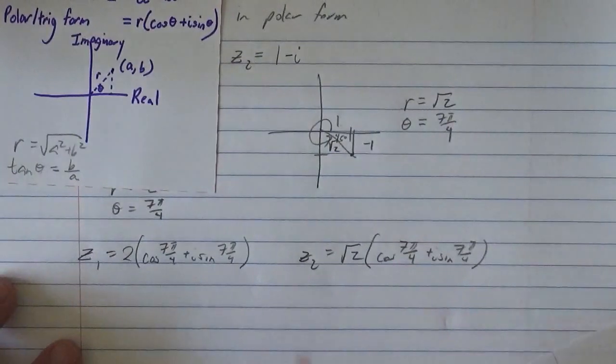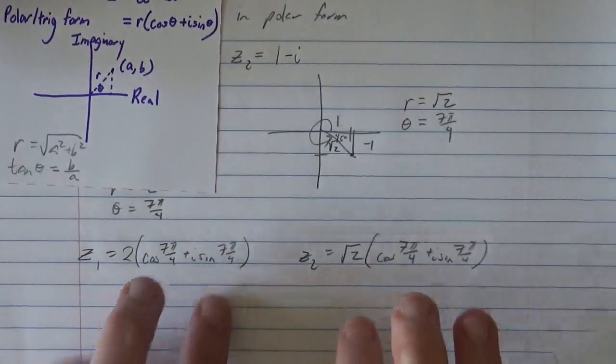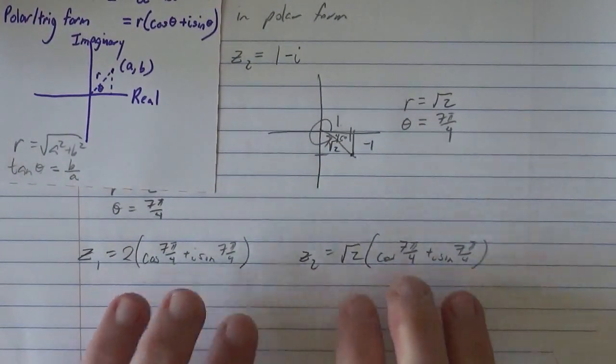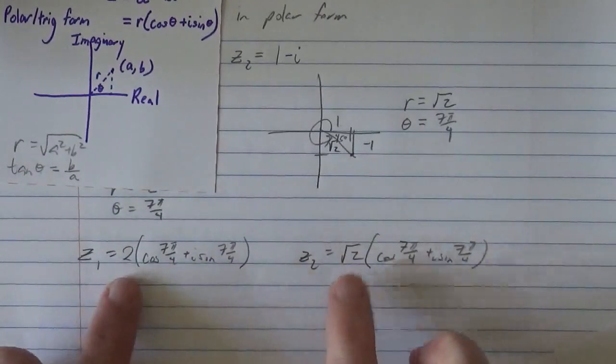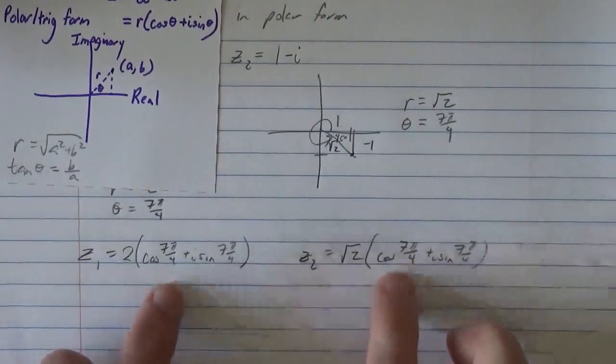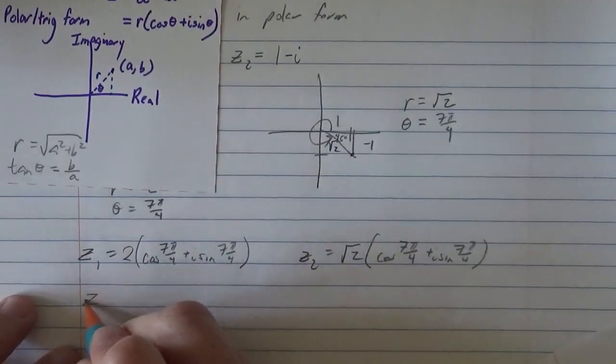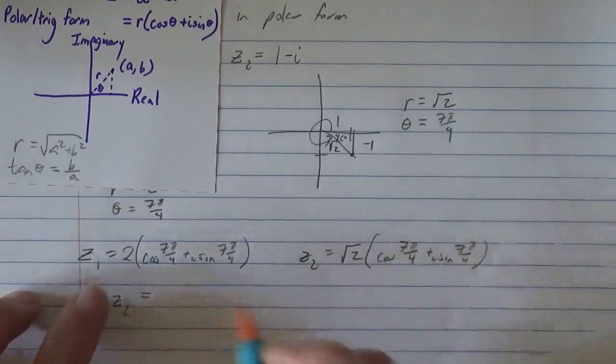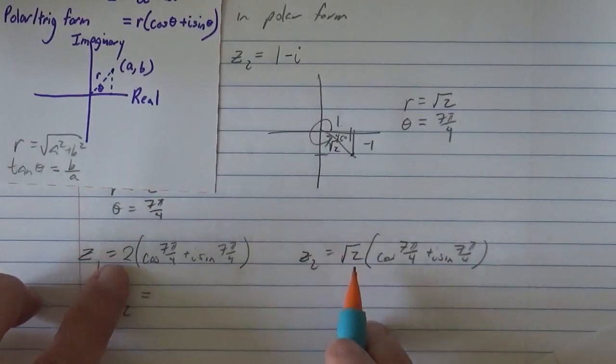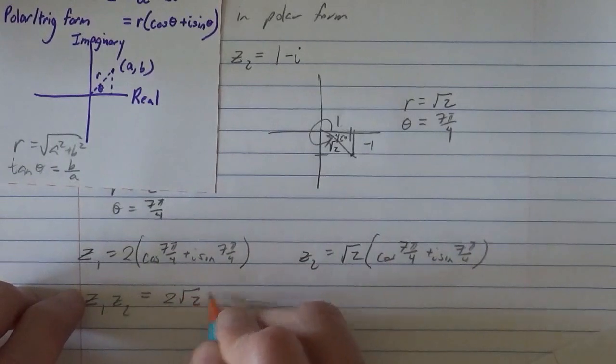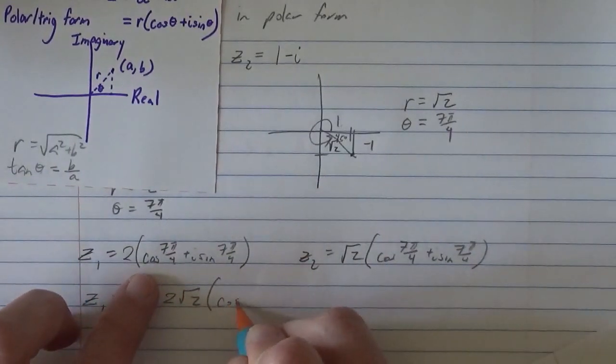And so our rule is that if we're multiplying complex numbers together in this form, we can multiply their radii and add their angles. So if I wanted to do z1 times z2, I could multiply their radii, so 2 times root 2, and add their angles.